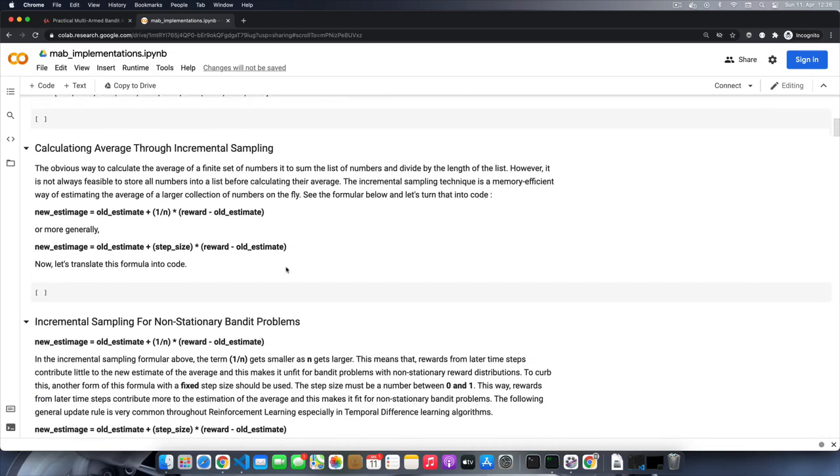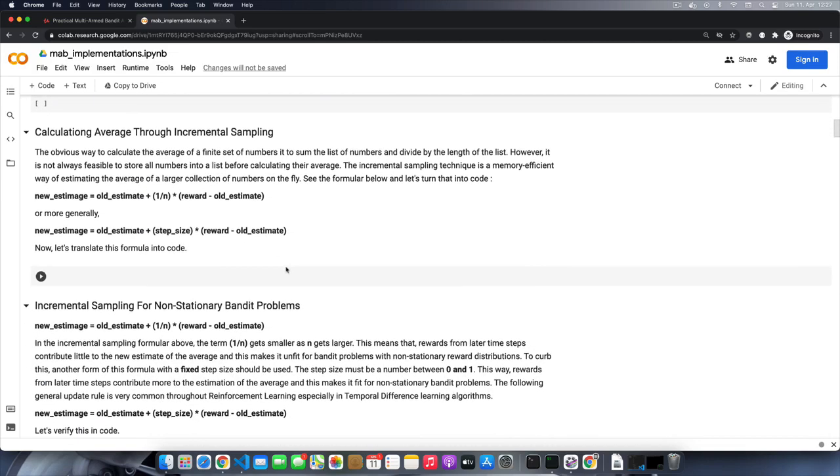The next thing I show you is how to calculate the average of a large set of numbers without necessarily having to store all those numbers in a list, because the traditional approach is to store the entire set of numbers in a list, and then you sum them and divide by the length of the list.